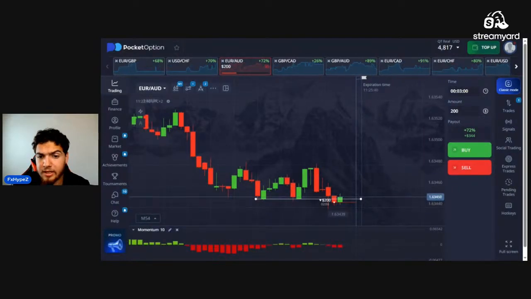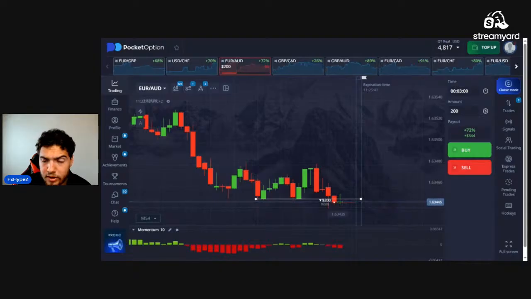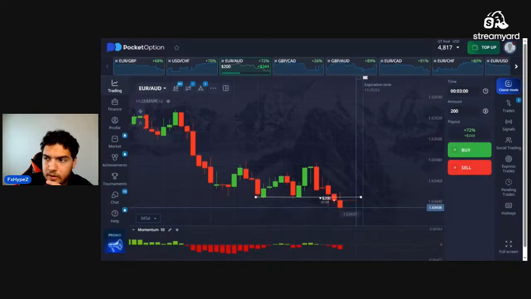Obviously the momentum indicator is showing us that price is bearish, that we've got a swing of bearish momentum to the downside, and we want to see that continuation. It's important. This is a little bit better. The payout is okay. It's not bad.